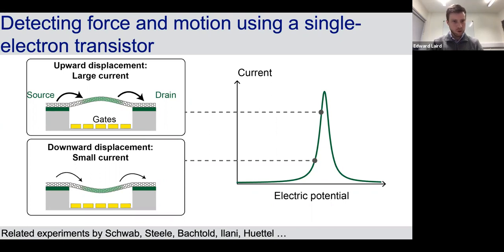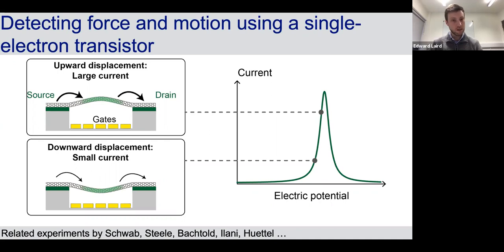So what you can do in a carbon nanotube or in other kinds of mechanical resonator is to integrate a single electron transistor either into the moving element itself or nearby, in such a way that when the resonator moves, the displacement changes, and therefore the electrical potential changes.